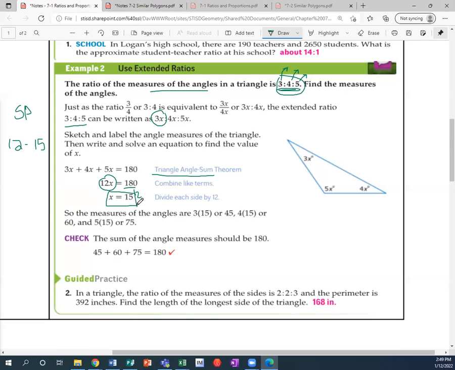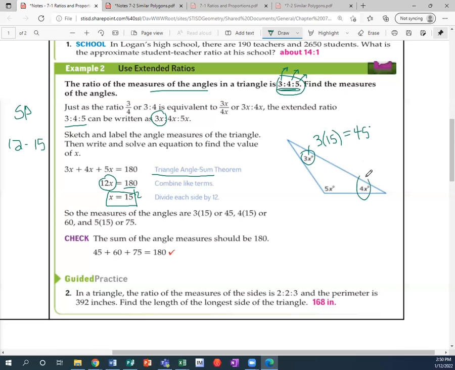This isn't the final answer though, because we were asked to find the measures of the angles. Remember that this angle was 3x. That means 3 times x, or in this case, 3 times 15. 3 times 15 is 45, and so this angle measures 45 degrees.